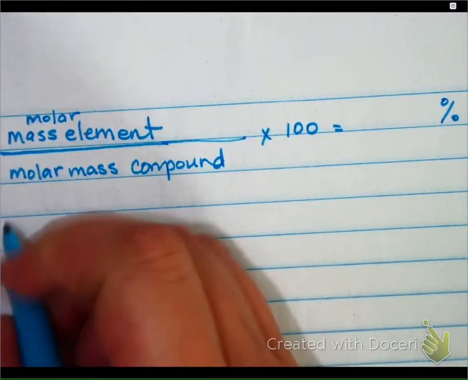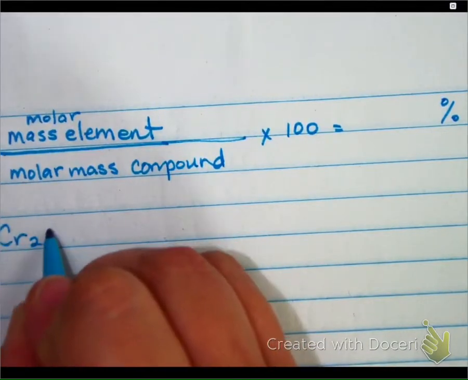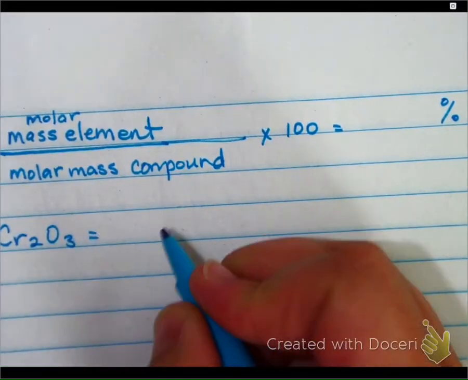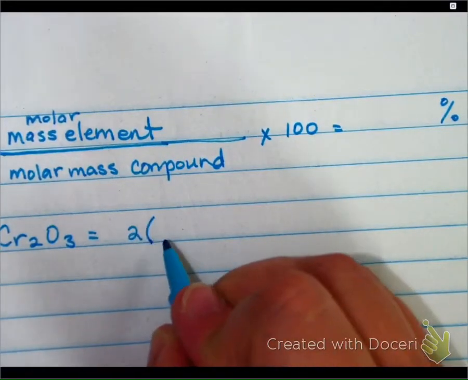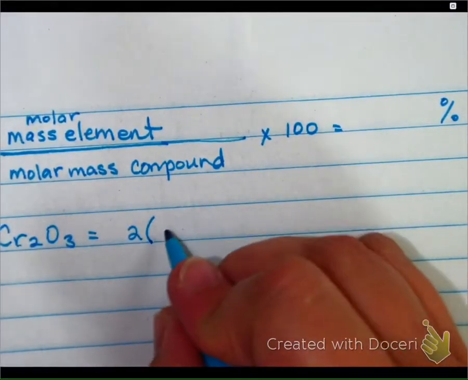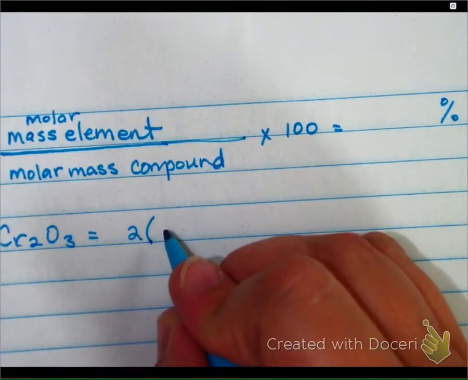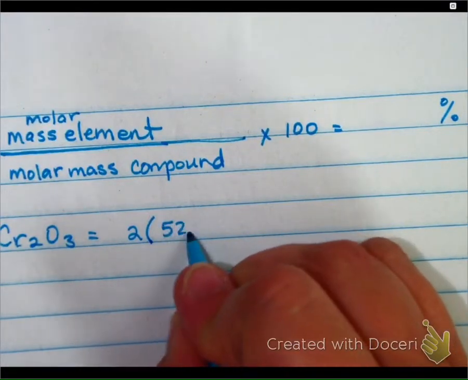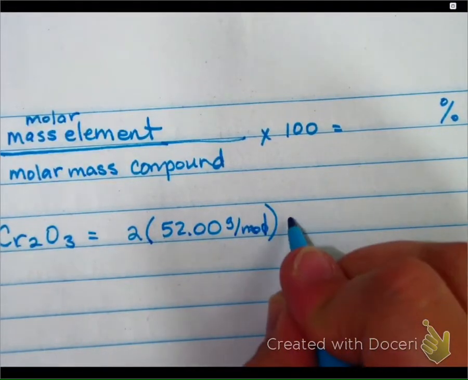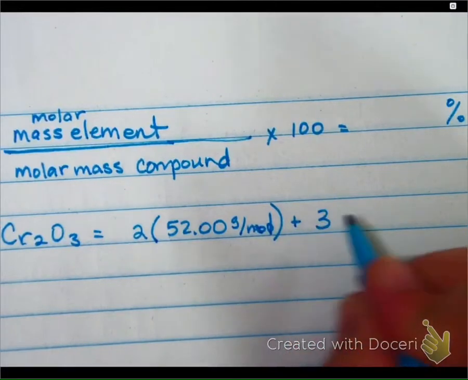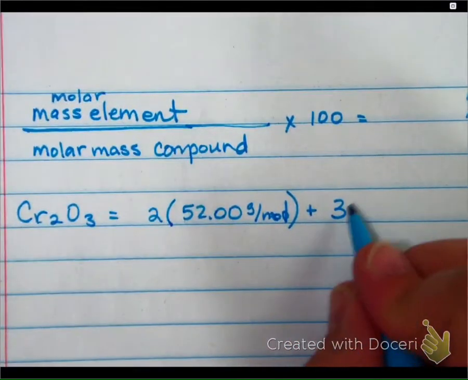So Cr2O3. The molar mass of this compound is 2 times the mass of the element chromium, which is 52.00 grams per mole, plus there are 3 atoms of oxygen.